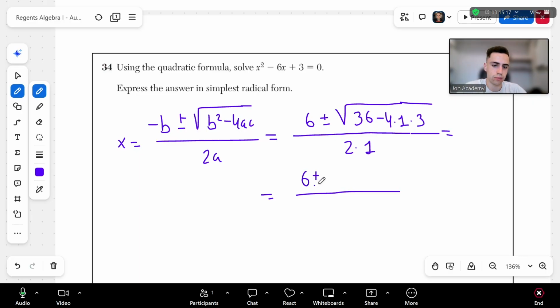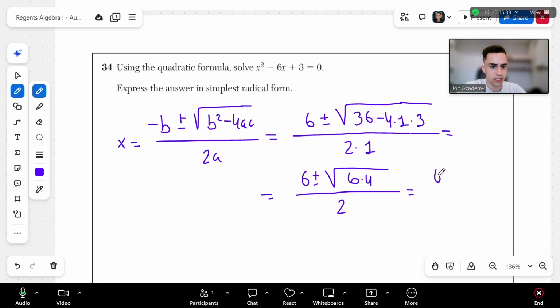So here we are gonna have 6 plus minus the square root of 24, divided by 2. And the square root of 24, we can rewrite it also as the square root of 6 times 4. And the 4, we can bring it out of the root, no?